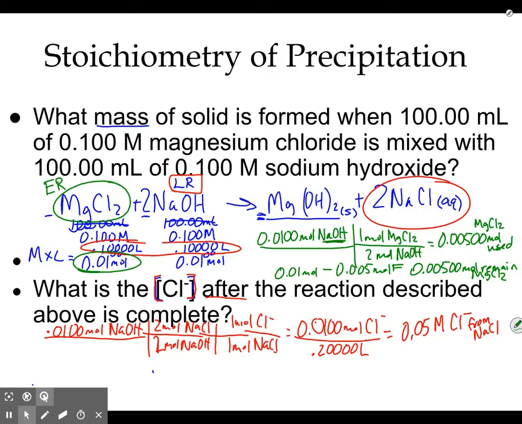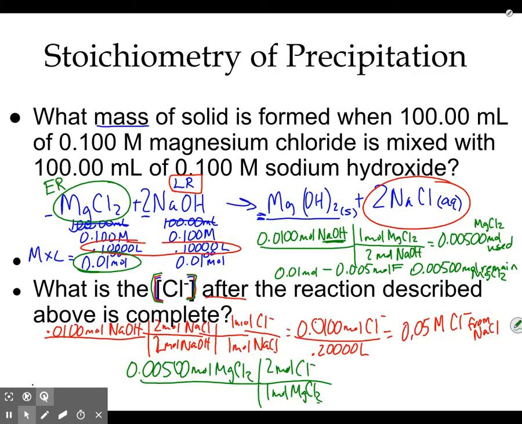Still, I need to get back to how many chloride ions or what its concentration is from this source. So at this point, I have 0.005 moles of magnesium chloride remaining. For every 1 mole of magnesium chloride, I have 2 moles of chloride ions, because there are 2 chlorines in magnesium chloride.